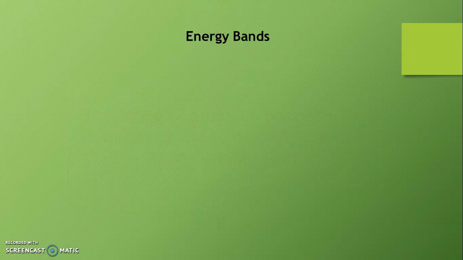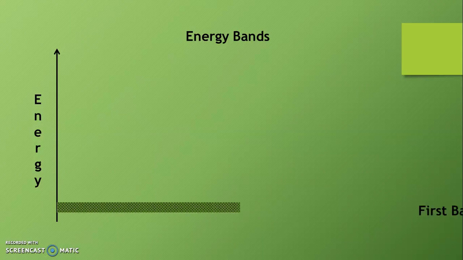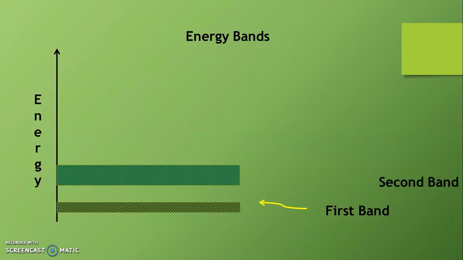Now let us see how we can describe the energy bands. We have the level of energy. In the first orbit, we have billions of electrons, and electrons possess slightly different energies, and that is indicated with the first band. In the same way, we have the second band.